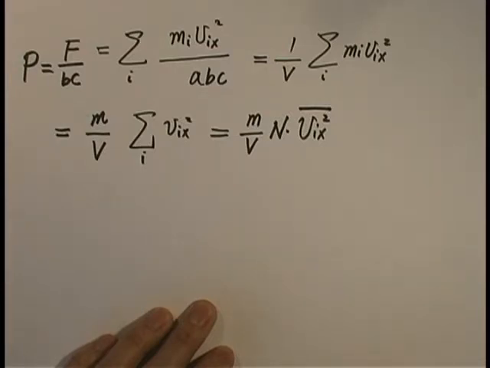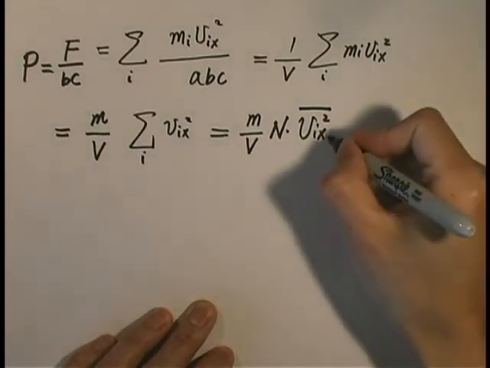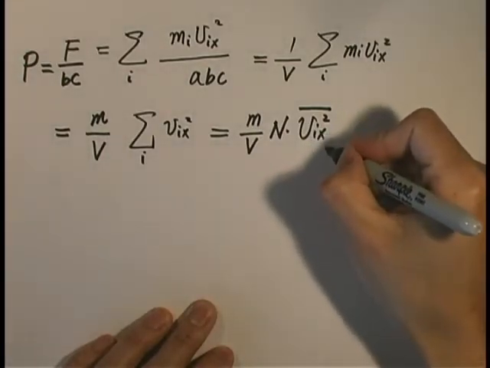That is, because the motion is totally random, each molecule does not have a preference whether it favors the X direction, Y direction, or Z direction. Therefore, according to this assumption, I can replace with Y and replace with Z and get the same value.